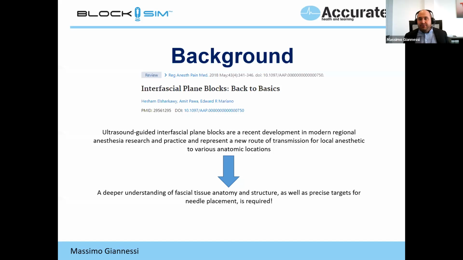So the milestone in literature for interfascial plane blocks is this article called Interfascial Plane Blocks: Back to Basics. In this article, basically, they are saying that ultrasound-guided interfascial plane blocks are a recent development in modern regional anesthesia research and practice and represent a new route of transmission for local anesthetic to various anatomic locations. And what they're saying in the conclusion is that a deeper understanding of the fascial tissue anatomy and structure, as well as precise targets for needle placement, is required.